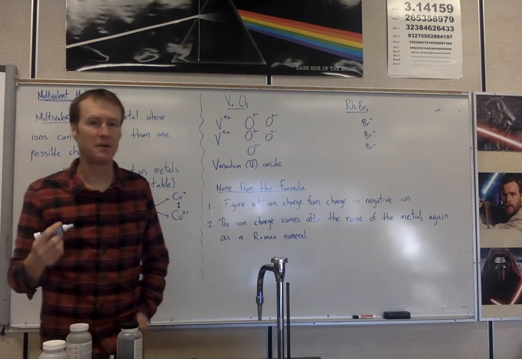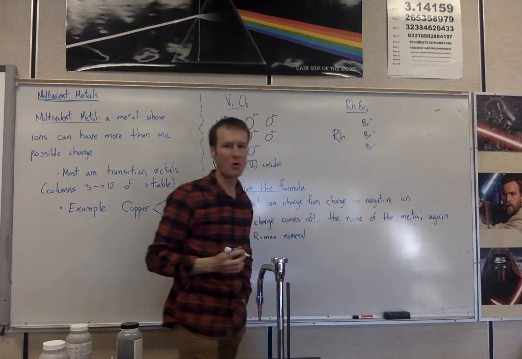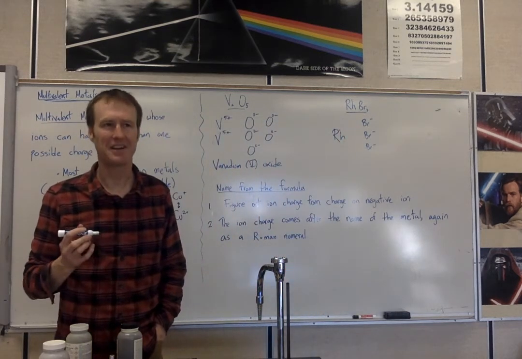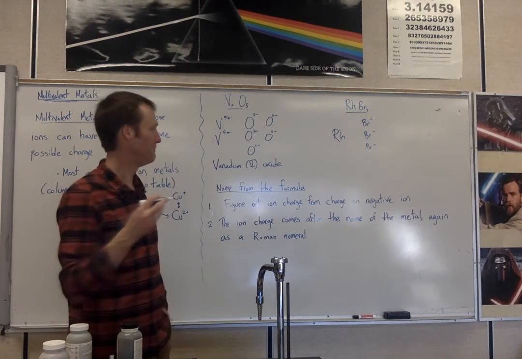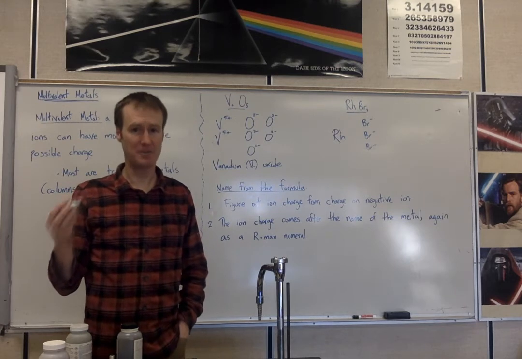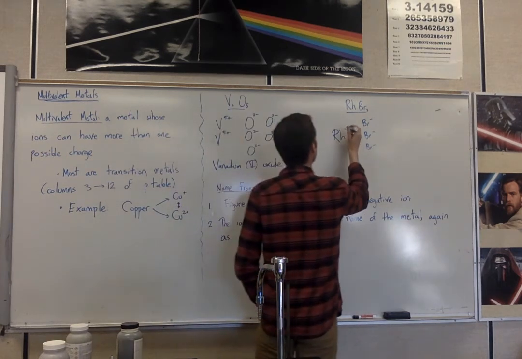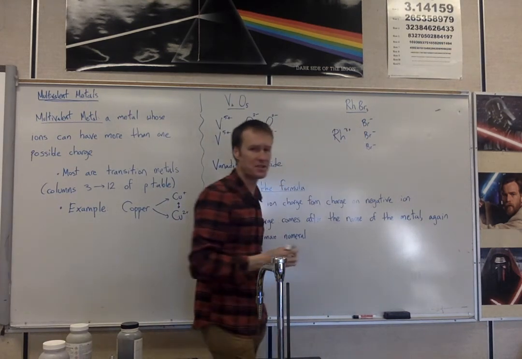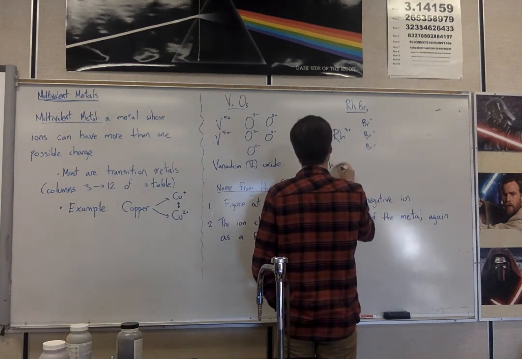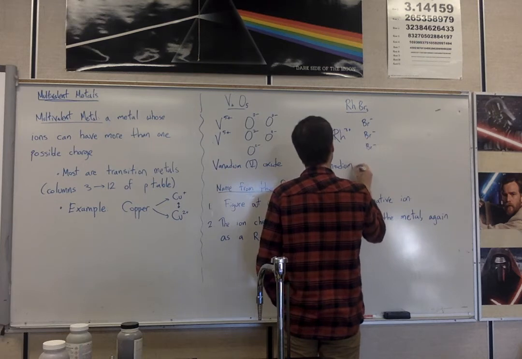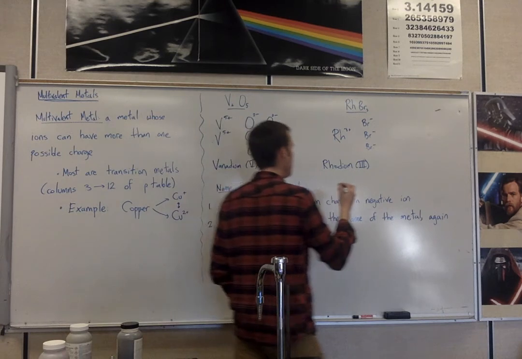That's going to be balanced by +3 of charge. But there's only one rhodium, I think it's rhodium. Yeah, it is. There's only one rhodium ion to balance that. It's got to have a +3 charge, and that +3 is your Roman numeral. So this is rhodium(III) bromide.